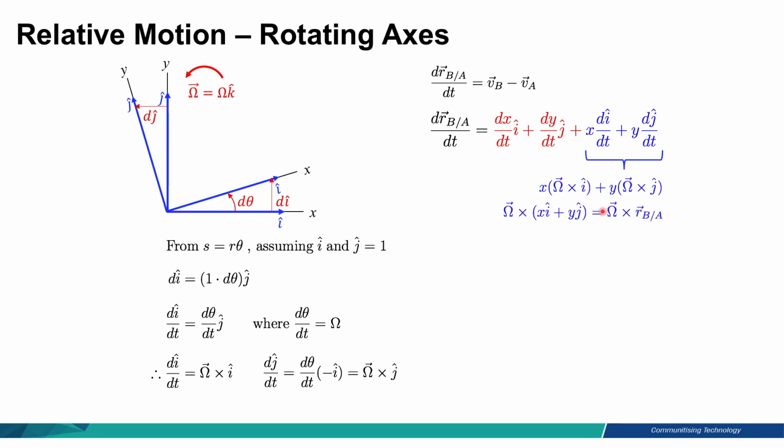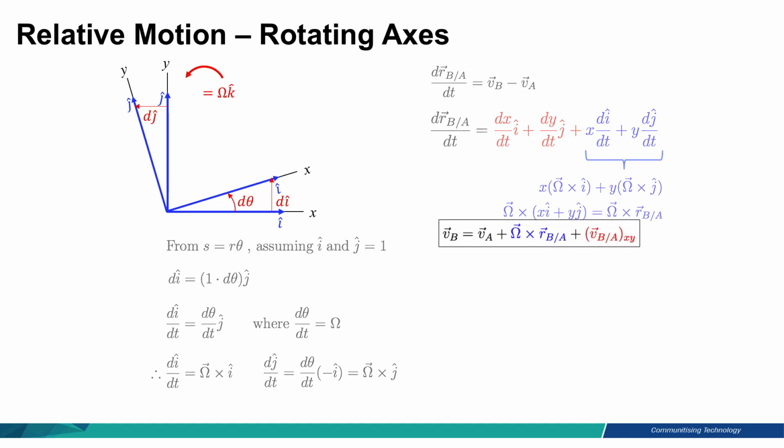So the final part of this blue component is equal to capital omega cross rB/A. Therefore, finally, for the case of a rotating axis, to calculate the velocity of point B, VB is now equal to VA plus capital omega cross rB/A plus VB/A xy. This represents the red part in this equation.